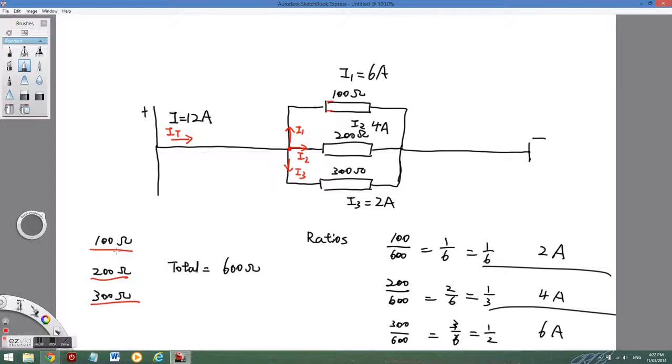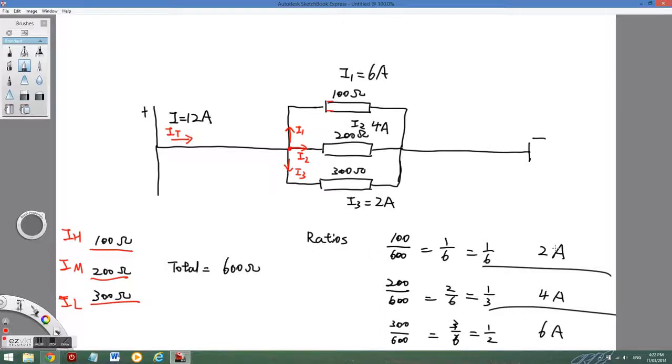So the 100 ohm resistor would have higher current. Similarly, the 200 ohm resistor would have a medium current, and the 300 ohm resistor will have a low current because current doesn't want to go through there. The resistance is higher.